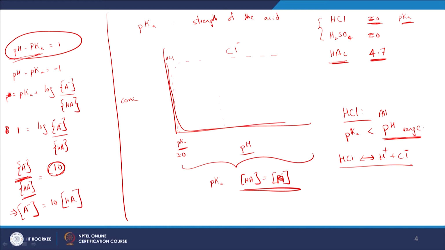So let us look at another example. One example we looked at was when pH minus pKa is equal to 1, and we see that the activity or concentration of A minus is going to be 10 times the activity of HA. And when pH minus pKa is equal to minus 1, what is it going to be? We have pH minus pKa is equal to log of the activity of A minus by the activity of HA. So minus 1 equals log of activity of A minus by activity of HA.